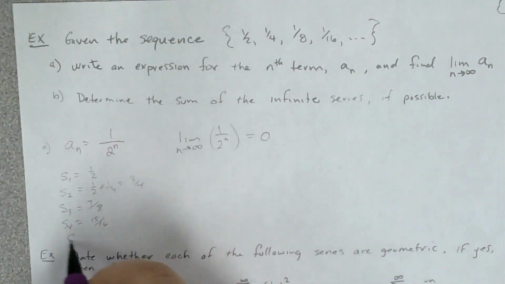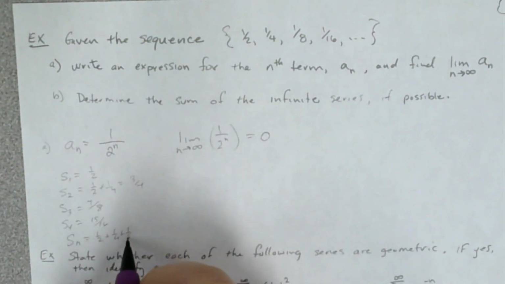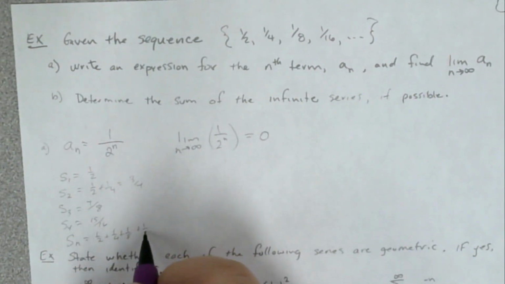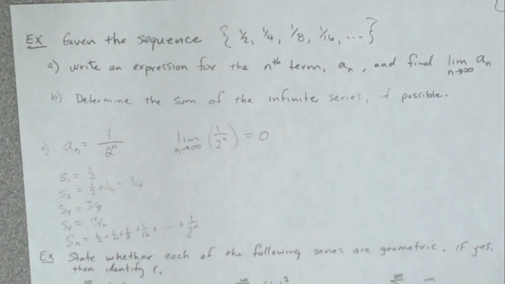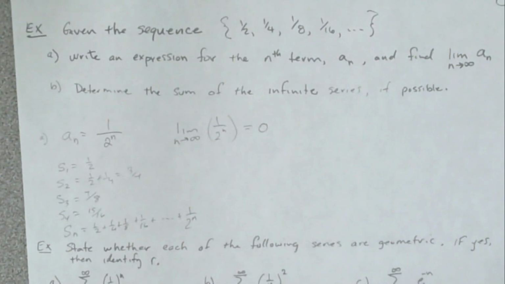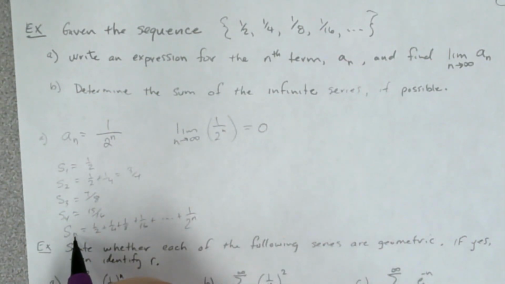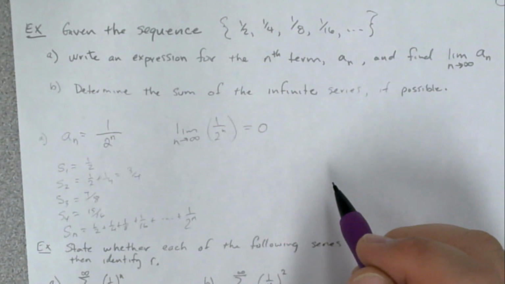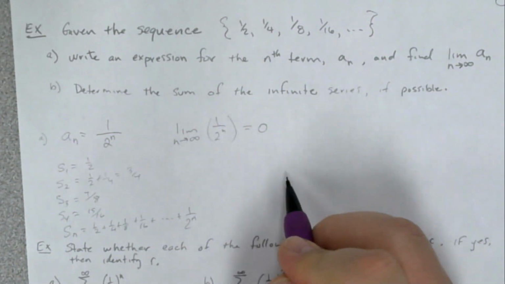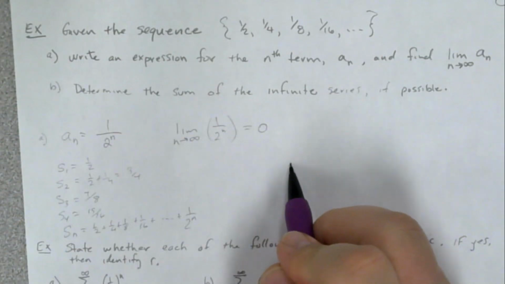And then the sum of n is 1/2 plus 1/4 plus 1/8 plus 1 over 16 plus ... 1 over 2 to the n. So that is what a partial sum up to n is. You can put that in a table and kind of see what's going on. But if you remember, if we look at this, then what is s sub n?